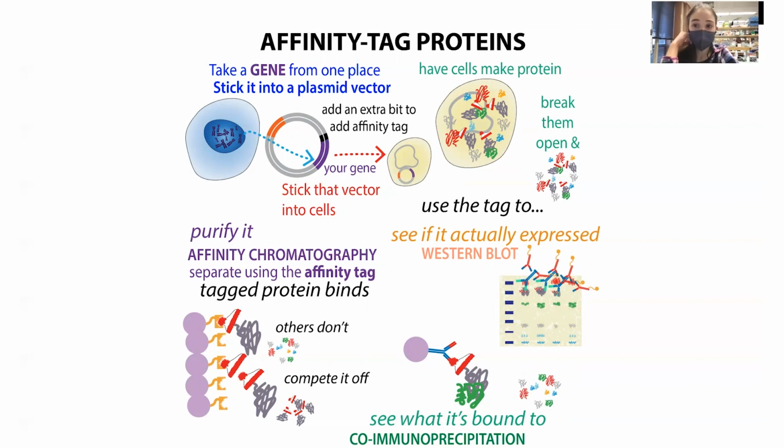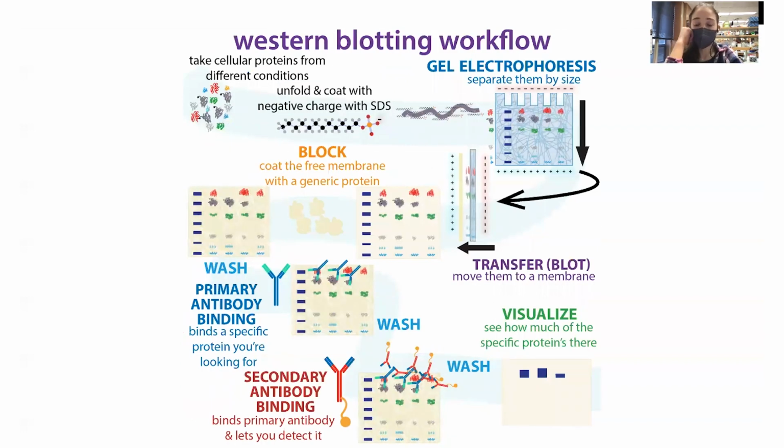If you have an idea of what it's interacting with, then you can do a Western blot. With a Western blot, you run an SDS page, separate the proteins by size, transfer them to a membrane, and then use antibodies to probe for a specific protein.